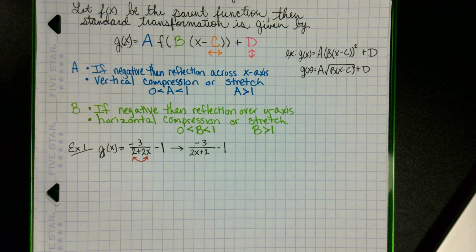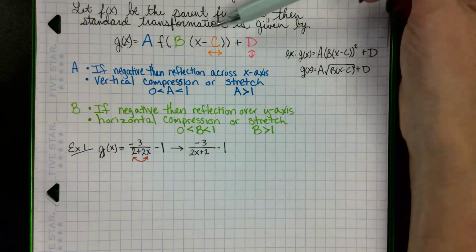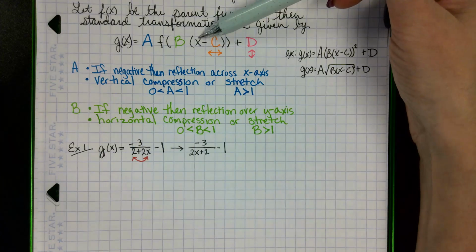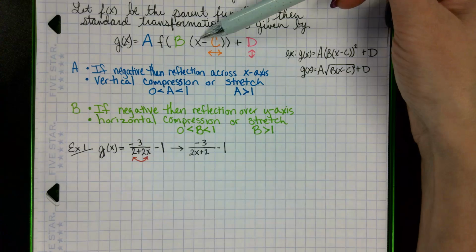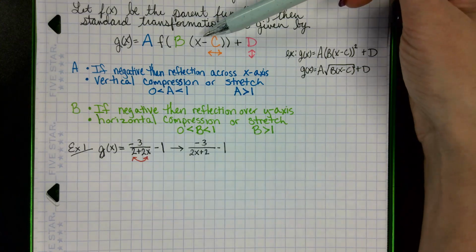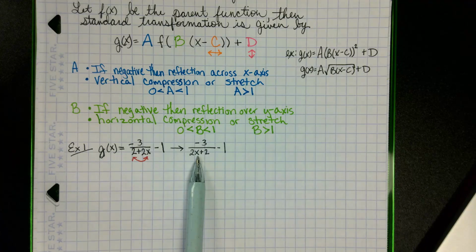Okay, so now, if I look at standard transformation form, the x is always a singular positive x. It's 1x. So if there's anything in front of x, I want to factor it out. So I have 2x plus 2.